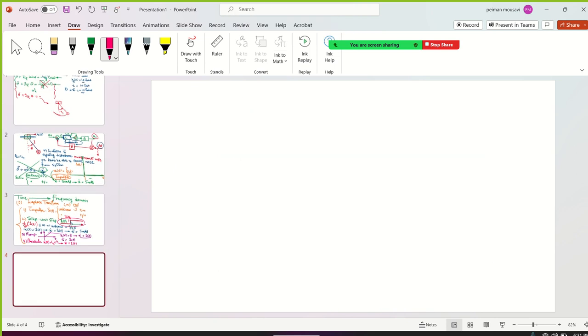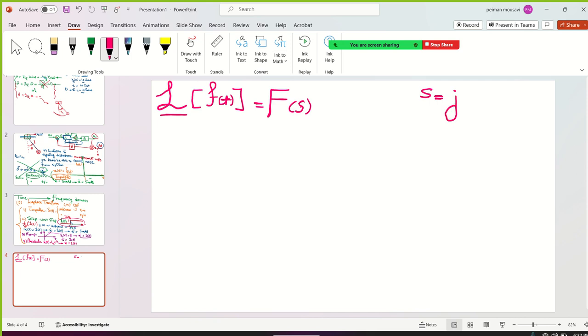I'm going to continue the next class from here, except let me introduce to you our Laplace transform. We show it with L. The Laplace of a function of time is, this is how we show it, F of capital S, time to frequency. S is a variable in the frequency domain, which is j omega, a pure imaginary number.